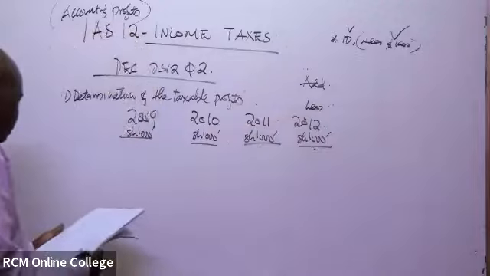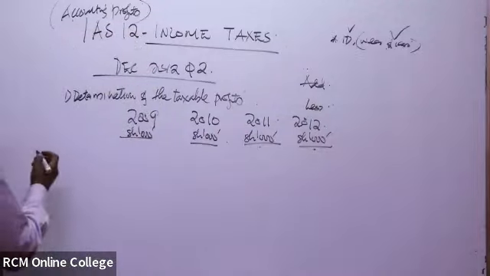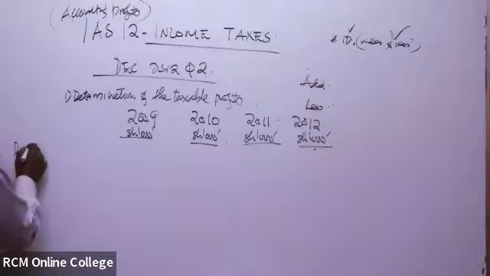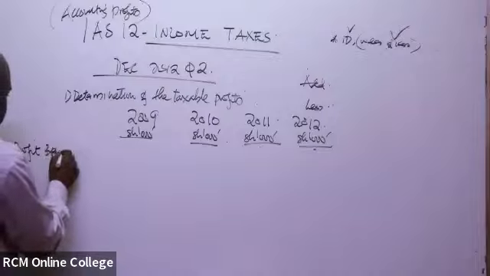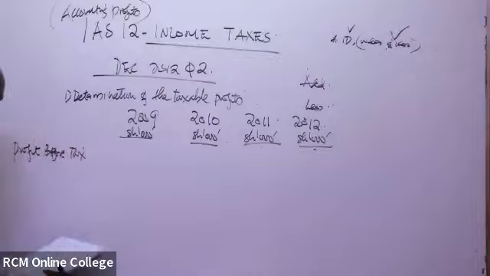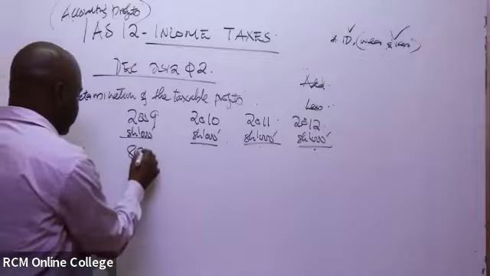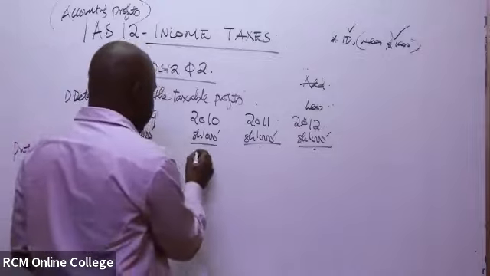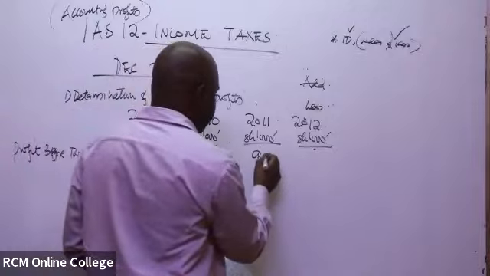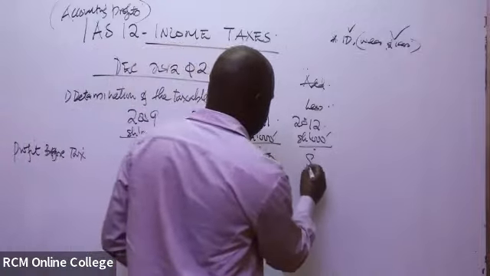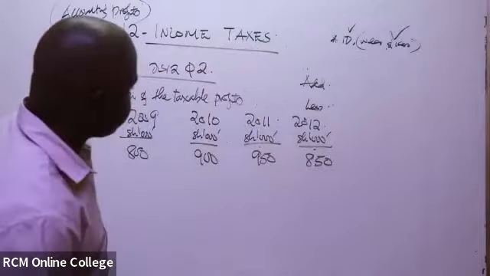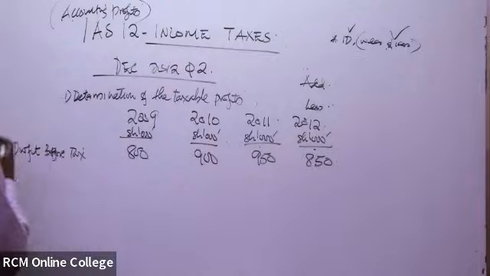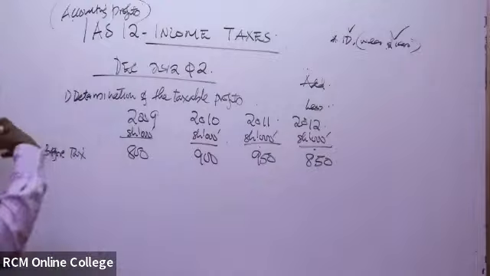So the profit before tax as per the books of accounts from our table there is 800,000, then 900,000, then 950,000, and 850,000. But when the taxman is considering the taxable profits, he doesn't consider depreciation as an expense.